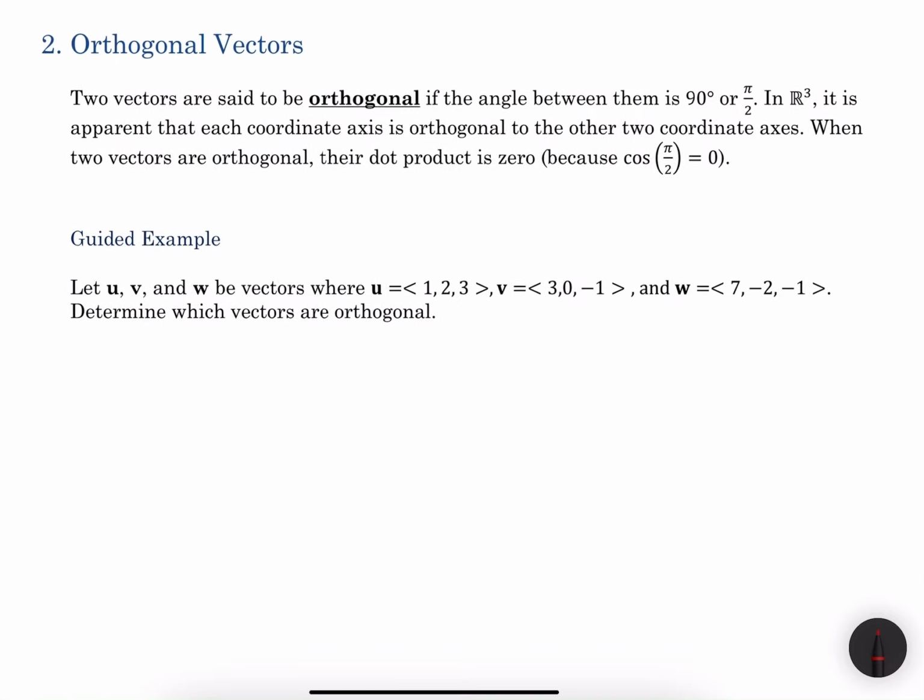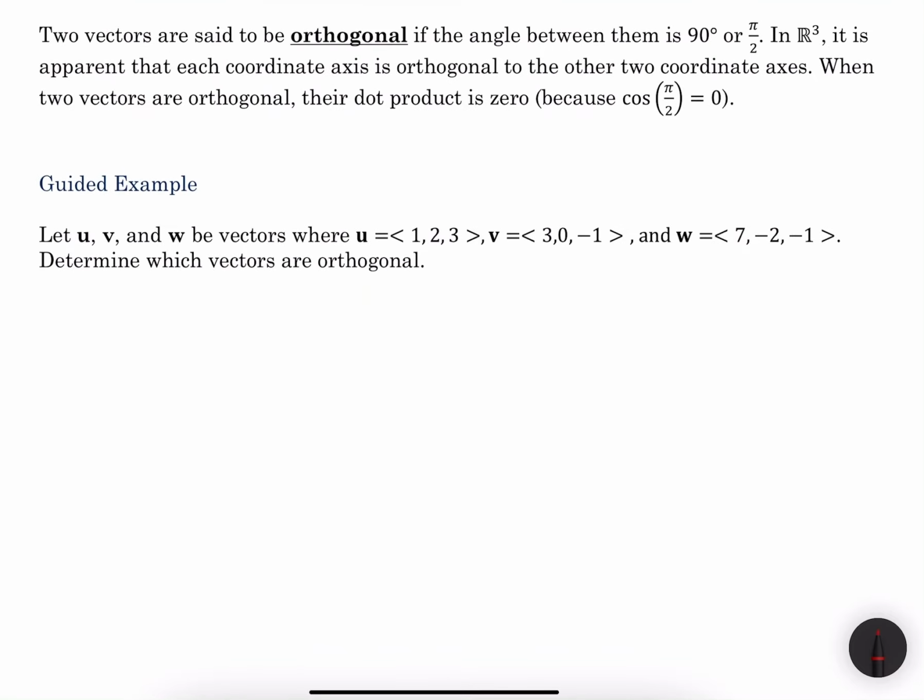So for this example, we're trying to determine which two vectors are orthogonal. All we need to do is pair them up and do the dot products. Whichever one gives us 0 is going to give us a pair of orthogonal vectors.